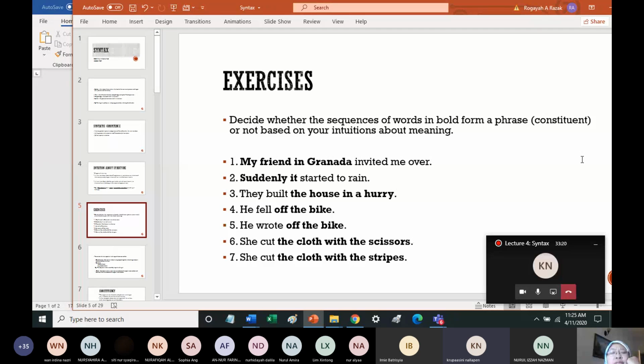Yes. The meaning is there, but you sort of know that because invited is a verb. We have to start thinking about words and phrases in terms of the linguistic aspects of it. My friend in Granada is a noun phrase, and it comes before the verb. So why is this a constituent?